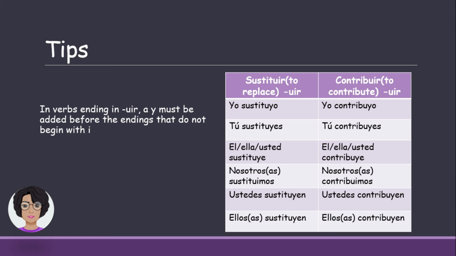Nosotros sustituimos. Ustedes sustituyen. Ellos, ellas sustituyen. So as the rule explains, this verb ends in -uir. Instead of saying yo sustituo, you would say sustituyo.